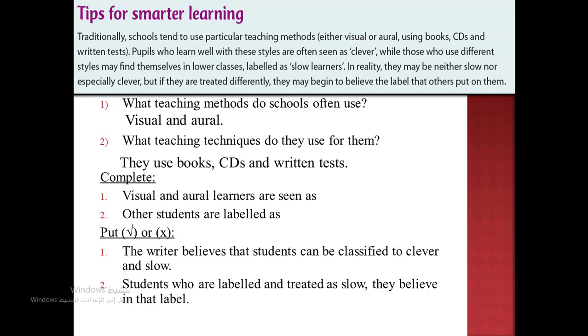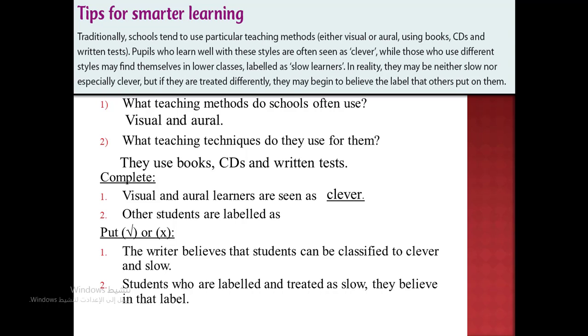Well, now let's complete the following sentences. Visual and oral learners are seen as, طبعا هي معنى صيغة passive, are seen as, from the text from sentence number 2, clever. So visual and oral learners are seen as clever. Number 2, other students are labeled.